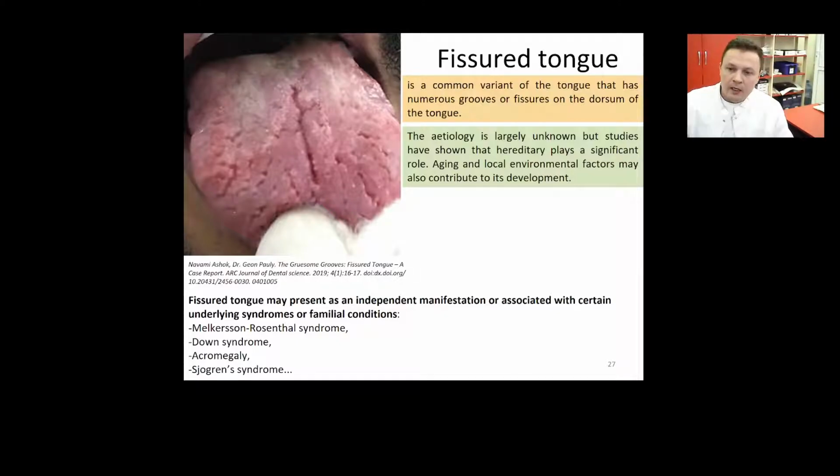Aging and local environmental factors may also contribute to its development. Fissured tongue may present as an independent manifestation or be associated with certain underlying syndromes or familial conditions. Conditions associated with fissured tongue include Melkersson-Rosenthal syndrome, Down syndrome, acromegaly, Sjogren syndrome, orofacial granulomatosis, psoriasis, and geographic tongue.